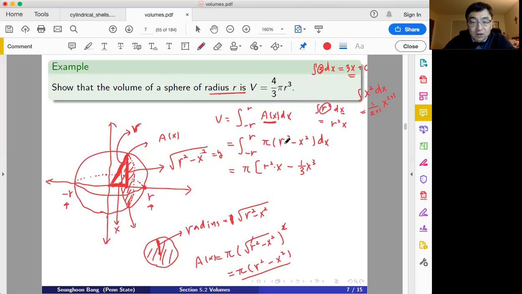The x is variable. The r is like a constant, x is variable. We can use the power rule from negative r to r. So you have to simplify.